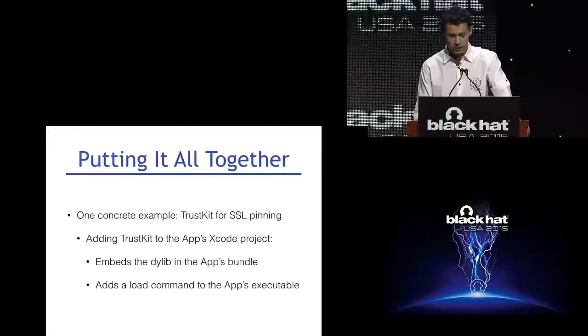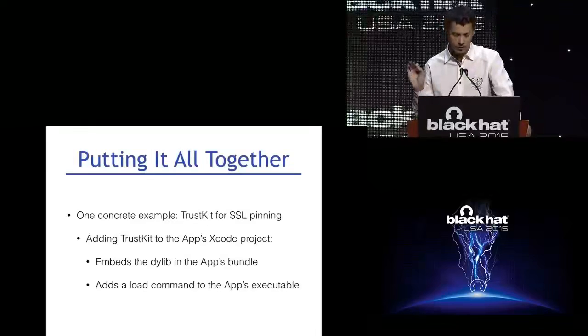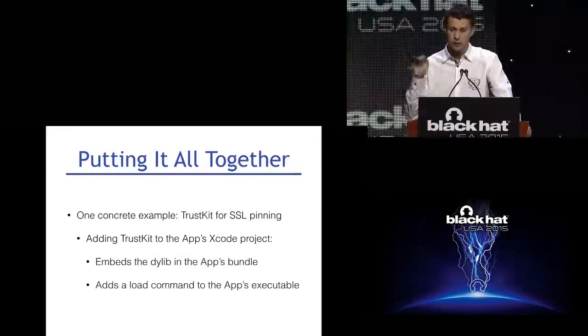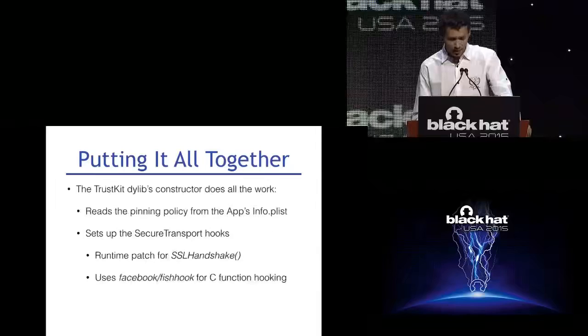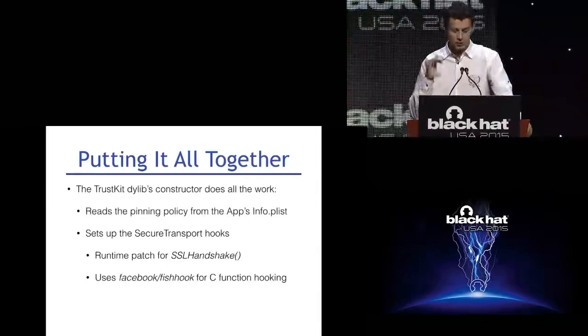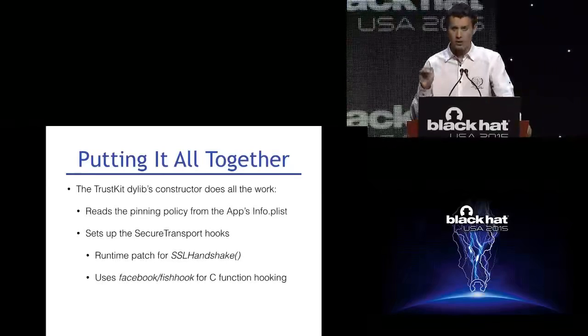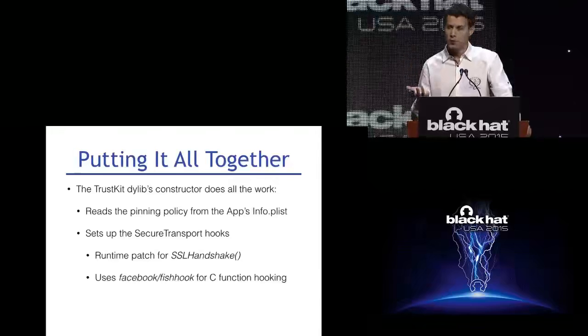So going back to TrustKit, here's a recap of how it really works. When you add TrustKit to your app in Xcode, it puts the dynamic library into the app's package, and then it adds a load command to your app, so that when the app starts, TrustKit is also loaded. When TrustKit is loaded, it has a constructor that's defined, and that constructor gets run. What it does is get the pinning policy from the manifest, and then it sets up some hooks in Secure Transport.